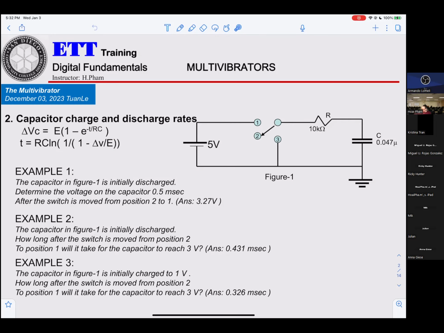We know the initial voltage on the capacitor is 1 volt. What is the voltage the capacitor is trying to reach? Who can answer that for me? That means you're moving from number 2 to number 1, and it will keep charging the capacitor.